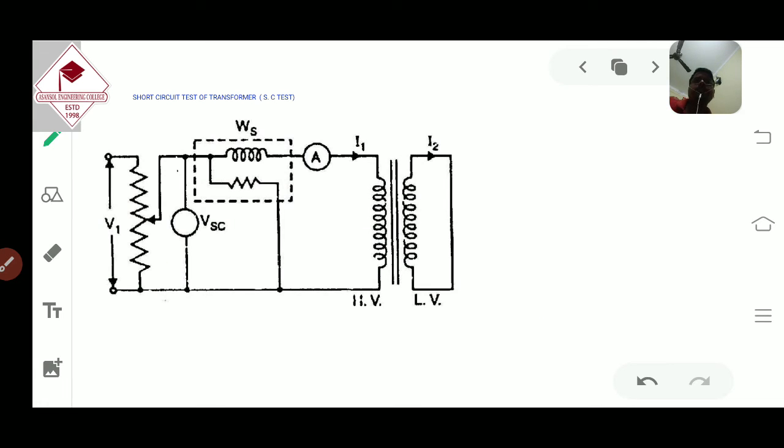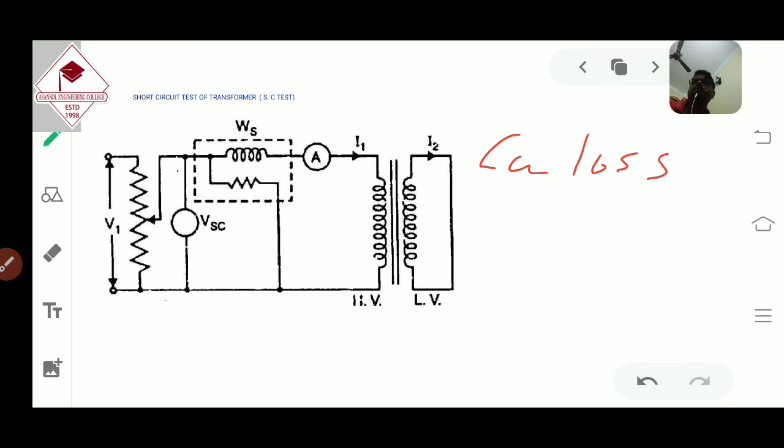Now let us start the short circuit test of transformer. You can see in this circuit we have shorted this low voltage winding. The objective of this test is to find the copper loss and different parameters of transformer.